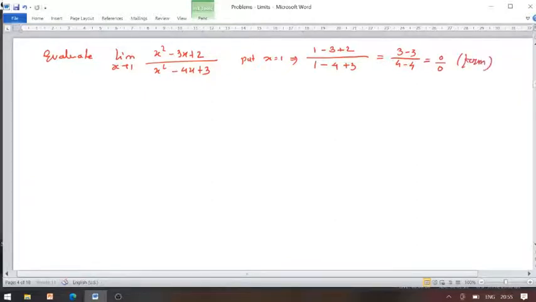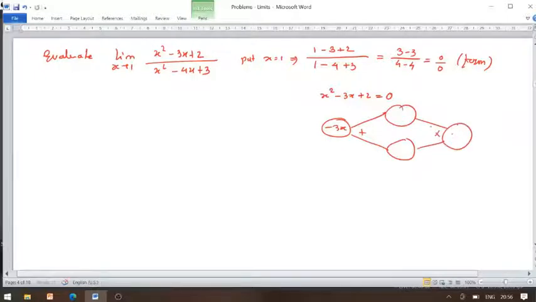Once it is of the form 0 by 0, we have to apply the method of factorization. That means we have to find the factors of the numerator and denominator. Look at the numerator. You may convert it into an equation to find the factors, as everyone knows from the 10th standard chapter on quadratic equations. So here we have to split minus 3x into two terms such that on adding them it gives minus 3x, and on multiplying them it gives the constant times the first term, x square into 2, which is 2x square.